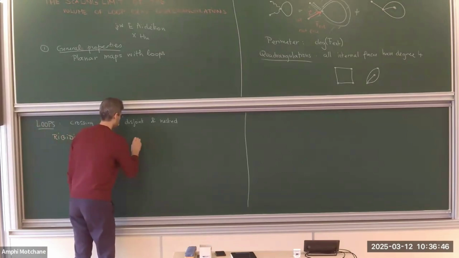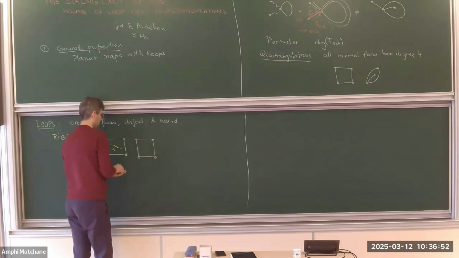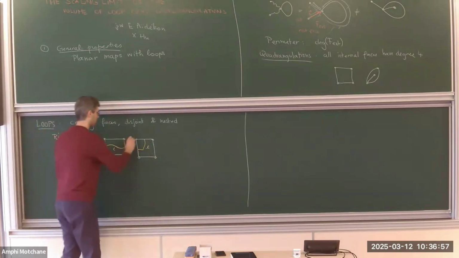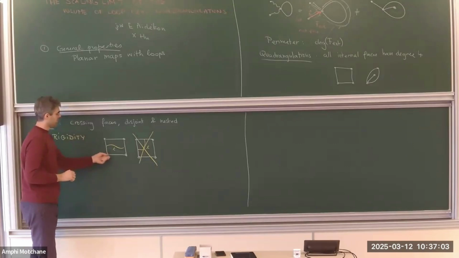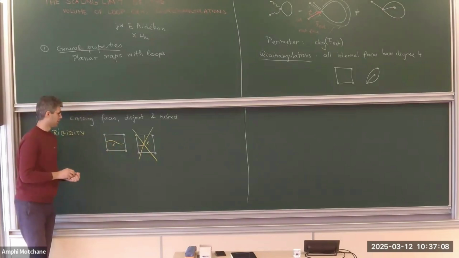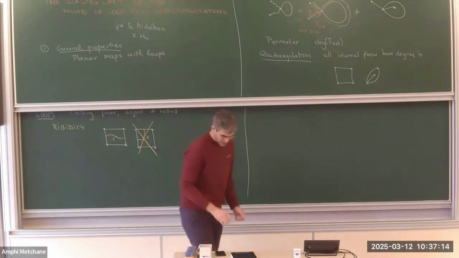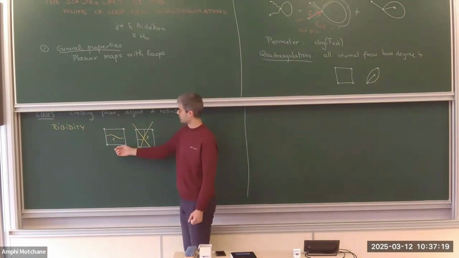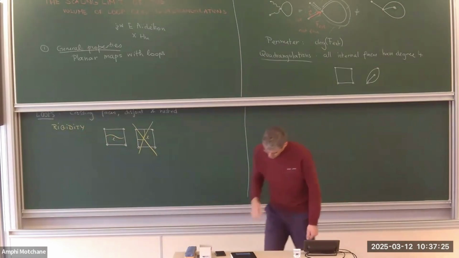So I'm forbidding situations where I have a square like this, and the loop is taking a turn. I'm just going to look at quadrangulations that are like this, where the loops are crossing through opposite edges. Another way to say this is that a loop is just a necklace, a gluing of these types of squares that are crossed in this opposite edges way.